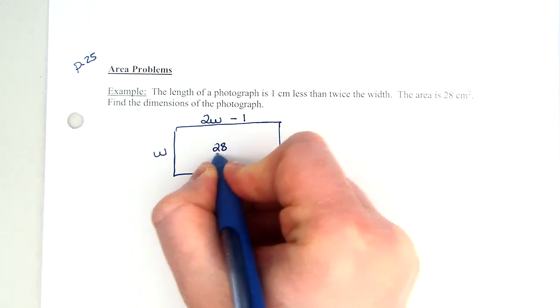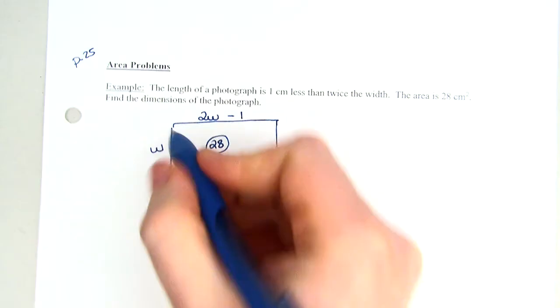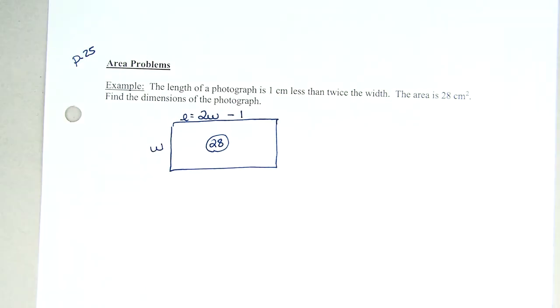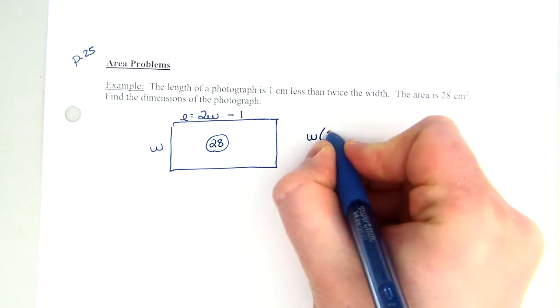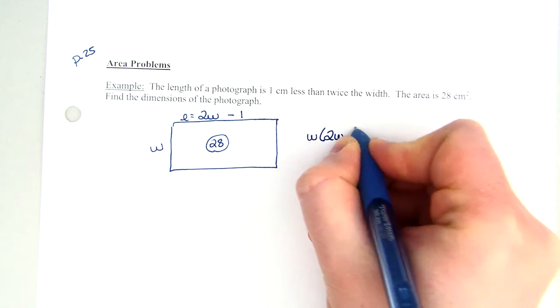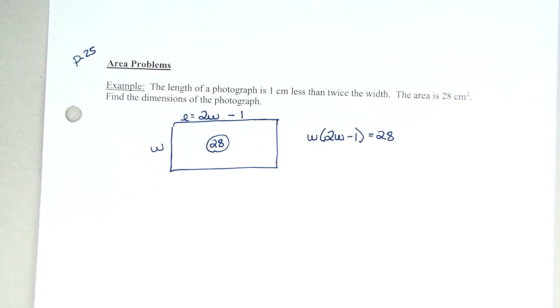I then told you that the area is 28 centimeters squared. How do you find the area of a rectangle? We just have to multiply the length times the width. So I'm going to create the equation w times 2w minus 1 equals 28. Kind of looks like the beginnings of those number problems.